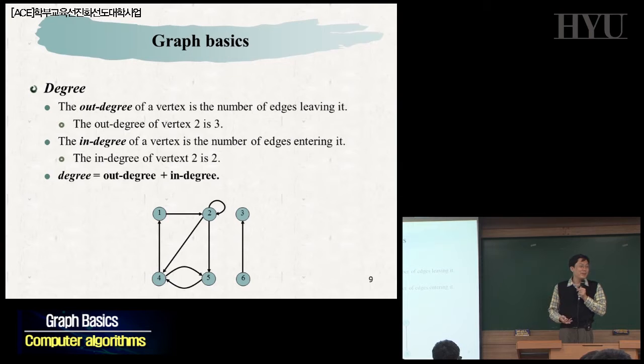Speak up. 2. Yes, there are 2 incoming edges, so its in degree is 2. When we say degree, it is the sum of the out degree and in degree. So the degree of vertex 2 is 5, because the out degree is 3 and its in degree is 2.